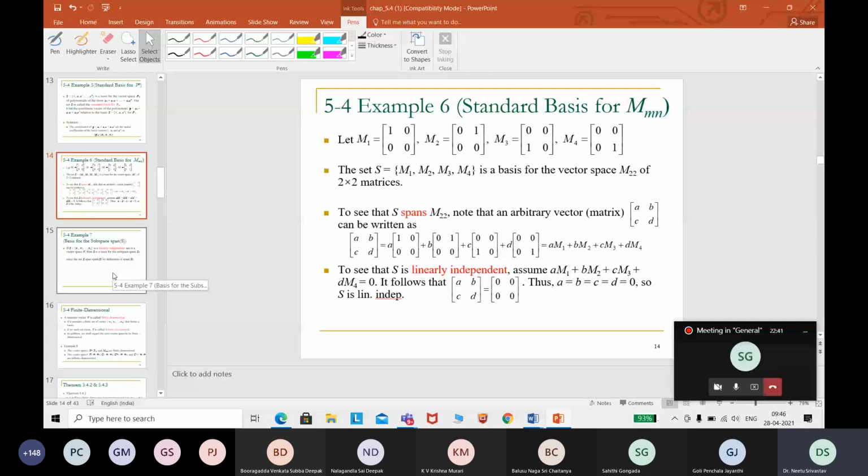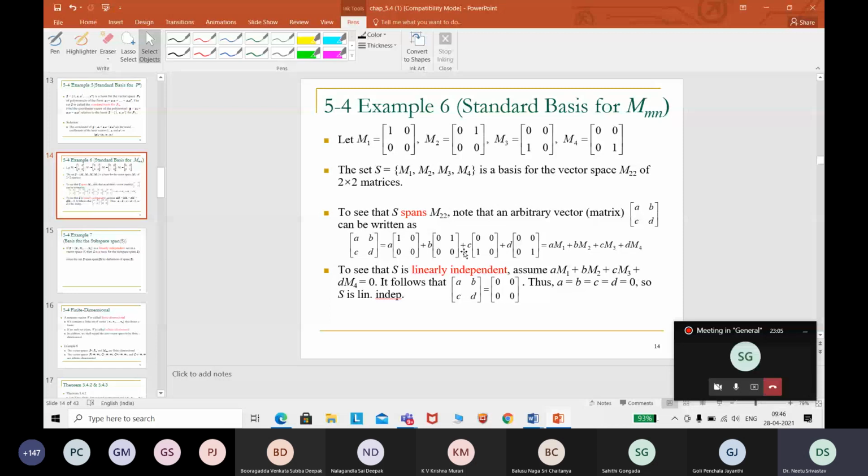So it will span also. Take any element in M22, A, B, C, D. That can be written as a linear combination. The only thing is that whenever you are saying it is a standard basis, then the coordinates will be its entries. Whatever coordinates you have, those will be the entries only.